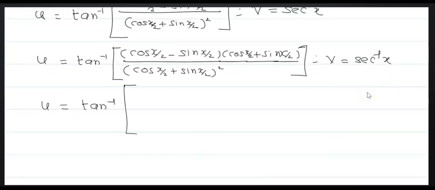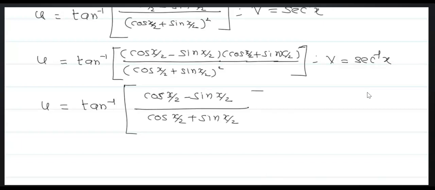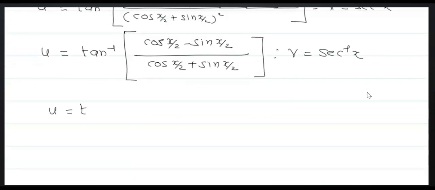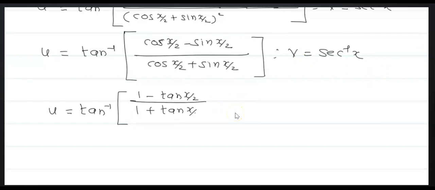Now again, we have solved this type of examples: tan inverse of cos of x by 2 minus sin of x by 2 upon cos of x by 2 plus sin of x by 2. Now divide the numerator and the denominator by cos of x by 2. That's why you will get tan inverse of in bracket 1 minus tan of x by 2 upon 1 plus tan of x by 2, and v is equal to sec inverse of x.